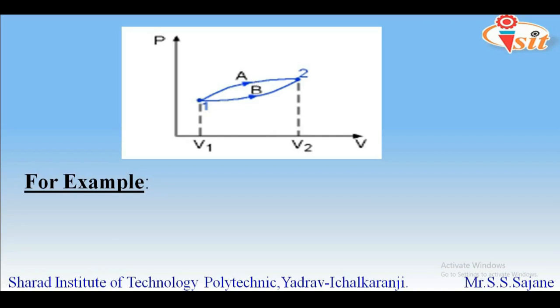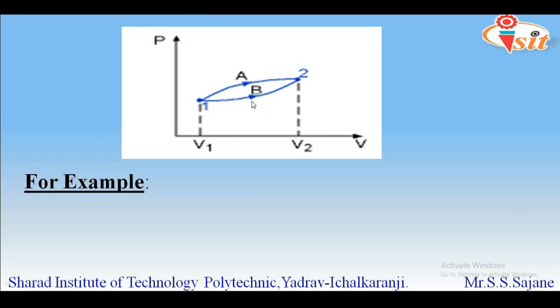Assume that this work is 10 kilojoule. Now if we consider another path, path 1B2, then again to calculate work we will consider the area below this curve. Here we can see that as compared to path A, the area will be somewhat lesser. So let us assume that the area under this curve is about 7 kilojoule.